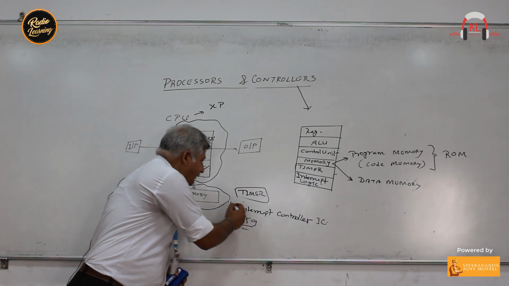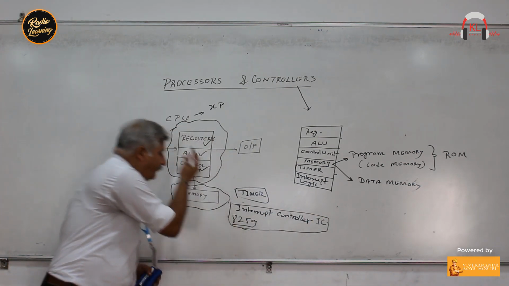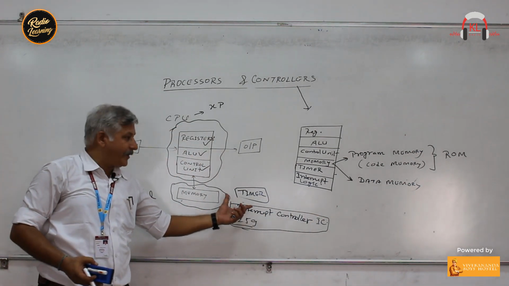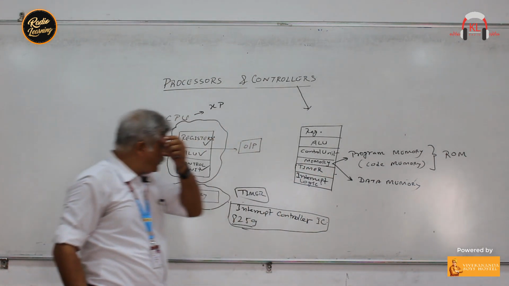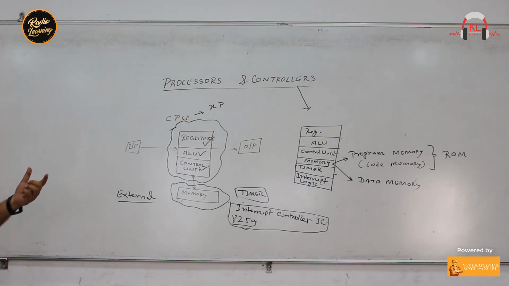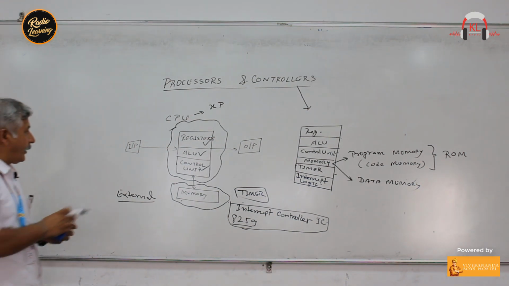That IC is external to this processor. If we require that, then we have to connect it externally. Whereas the interrupt logic is a part of the microcontroller. So these are a few differences between microprocessor and microcontroller.